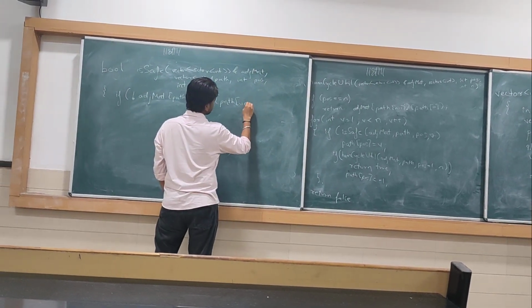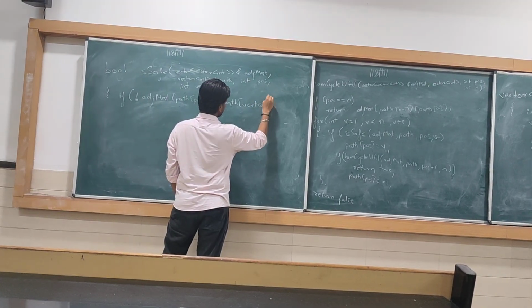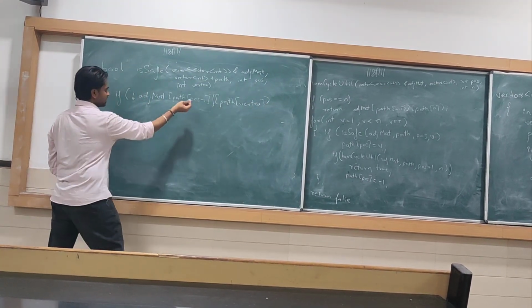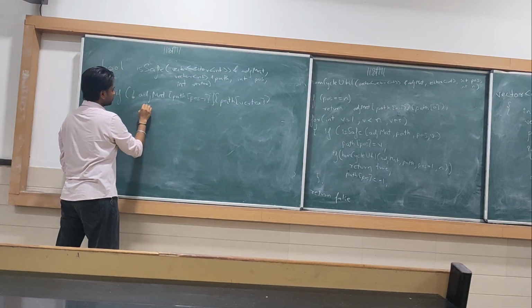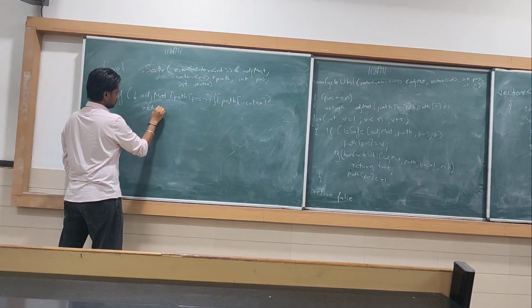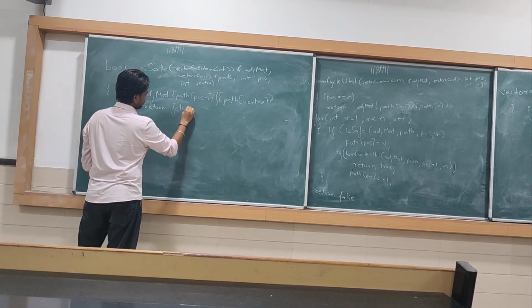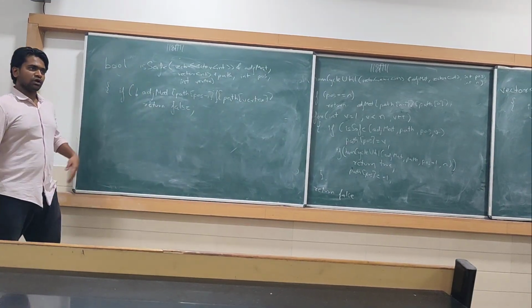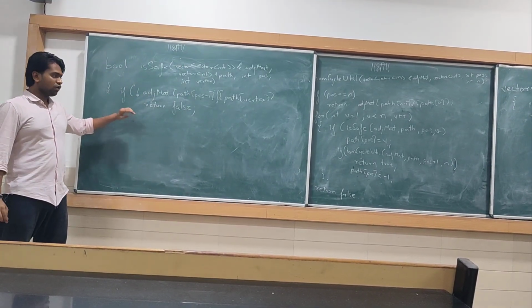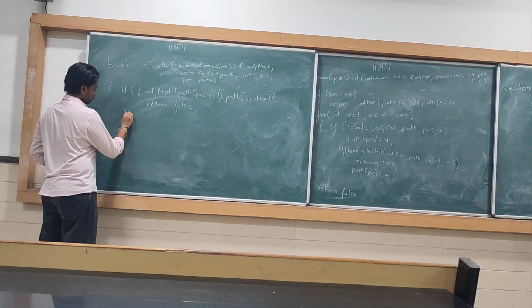Yes. If there doesn't exist an edge between position minus 1 and vertex, you could directly return false. Now suppose there exists an edge. One more check we have to do.